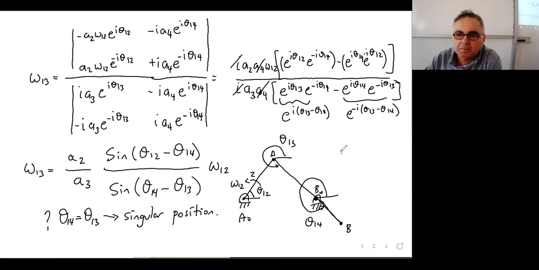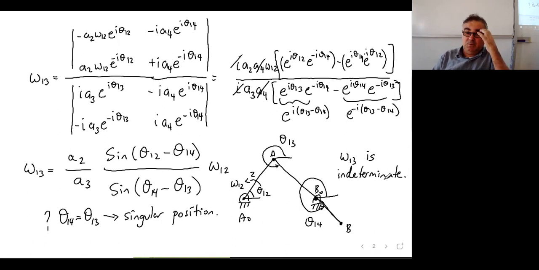be in this direction or in that direction, or whatever it's going to be. Okay, omega 1, 3 is indeterminate in this position, just because of the geometry. But of course, you should try to avoid, if possible, such positions in your mechanism. Okay.